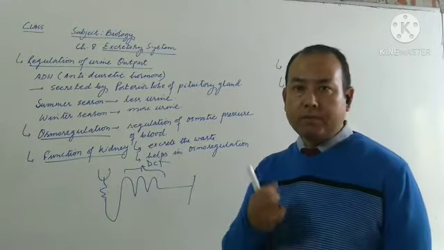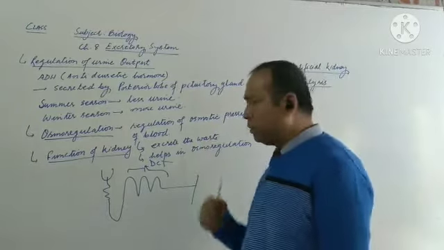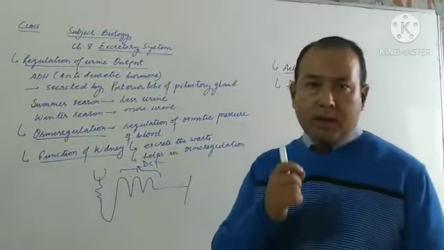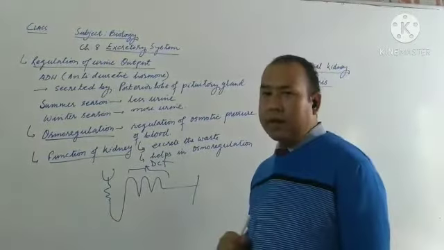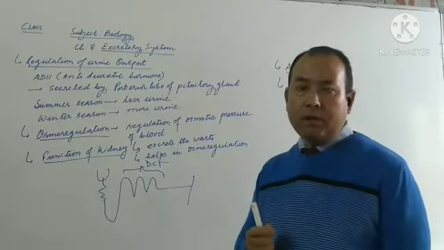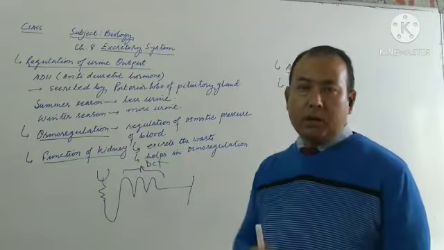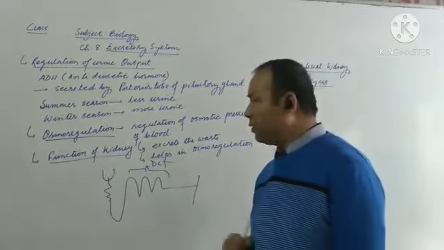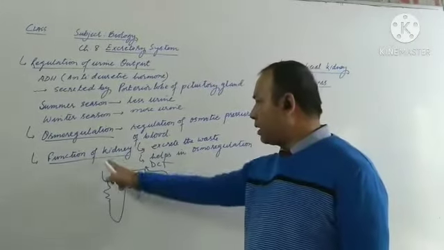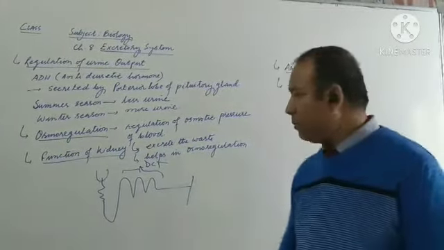This is regulated by the kidney. The regulation of the amount of electrolytes and water in the blood is called osmoregulation.